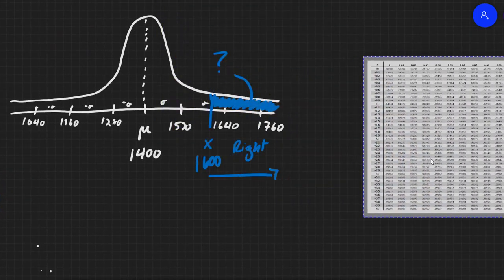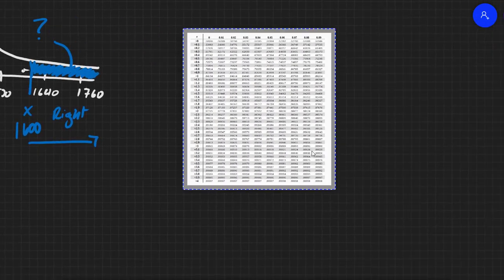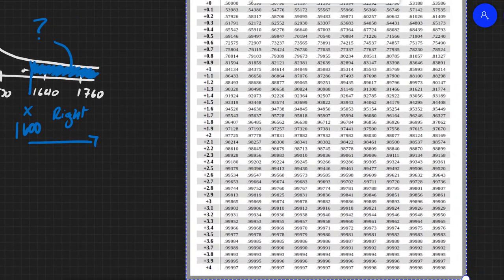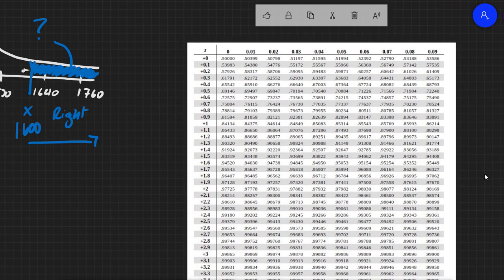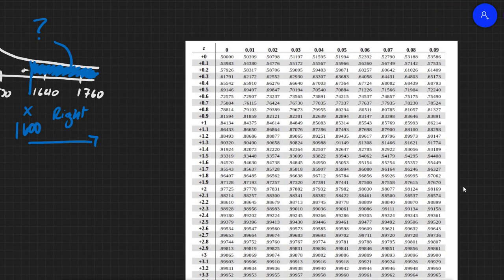And in order to solve that, we need to bring in our table. So let's bring in our table and let's expand it out. Ta-da! So here we have our standard distribution table, and you see that we're going to have to calculate some sort of z in order to make this calculation, because we know that this is about normally distributed.